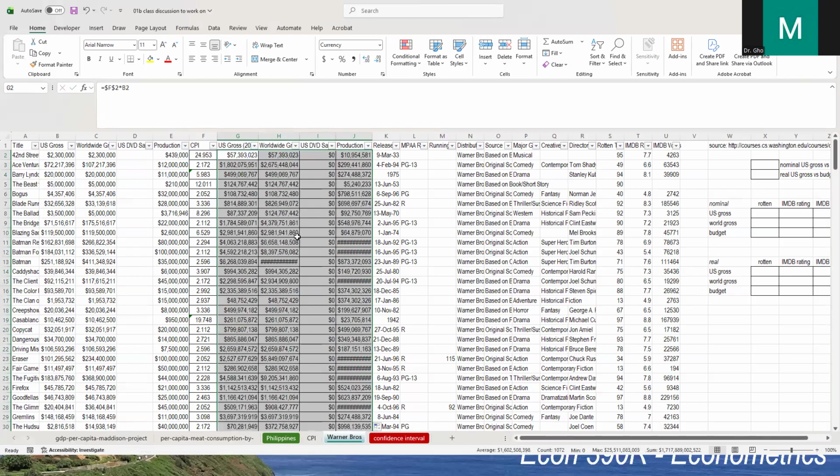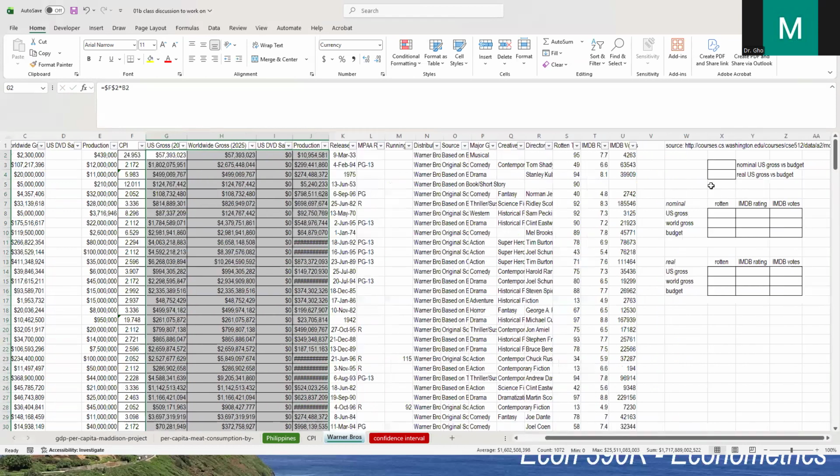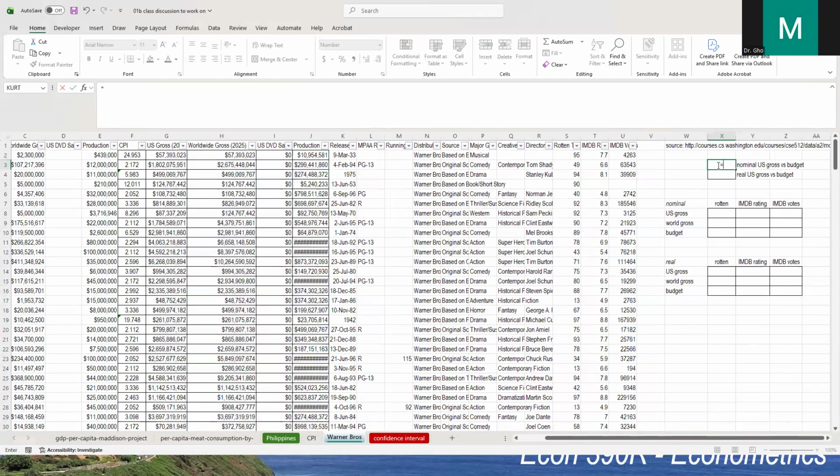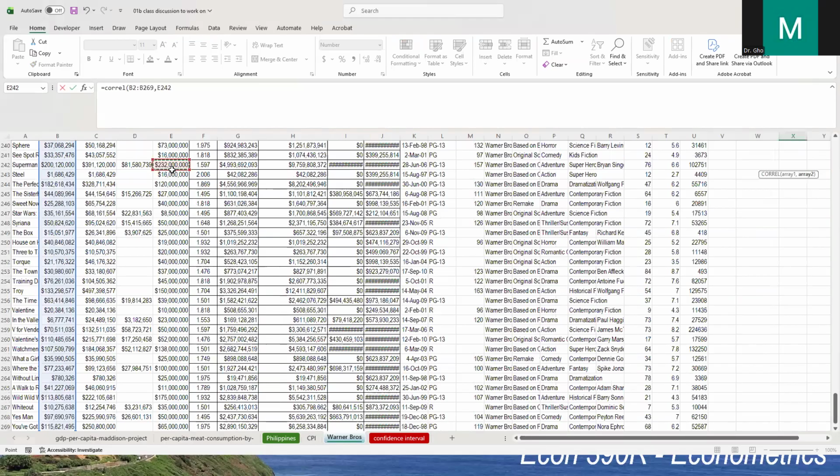Now we've got a little more data to work with. Let's look at a couple of things. What is the correlation between US gross tickets versus the budget to produce the movie? Looking at nominal. It doesn't matter the order we do things in.